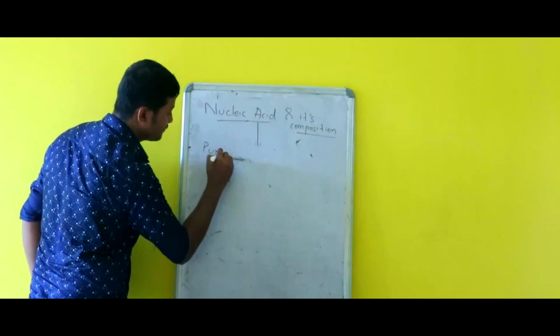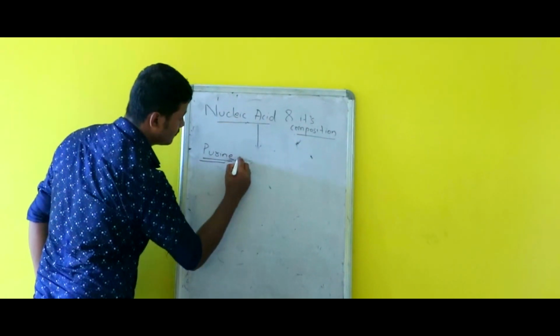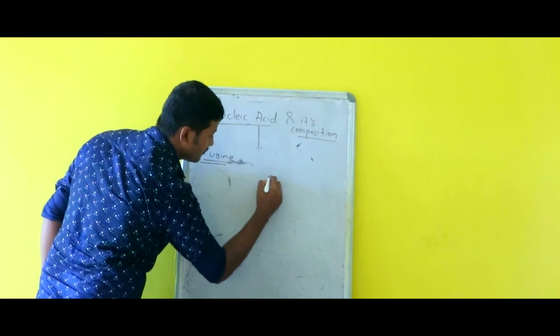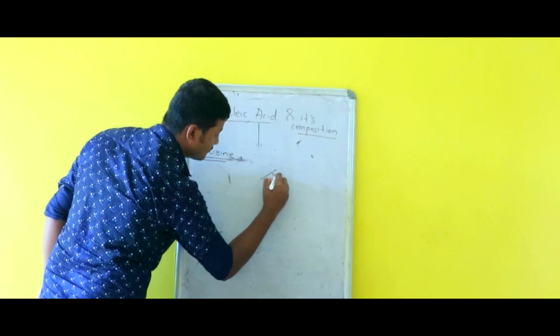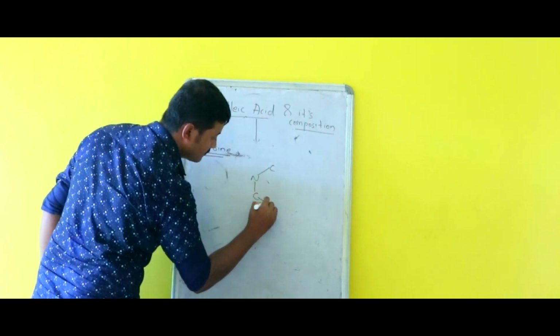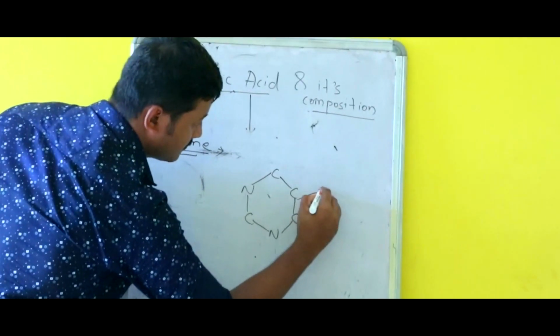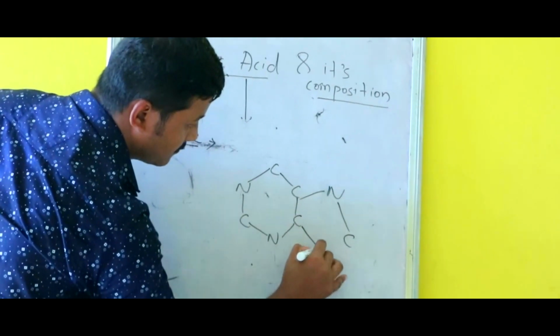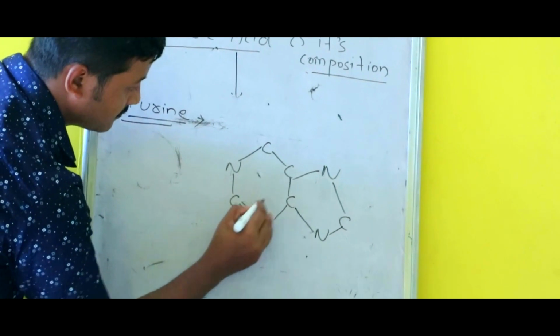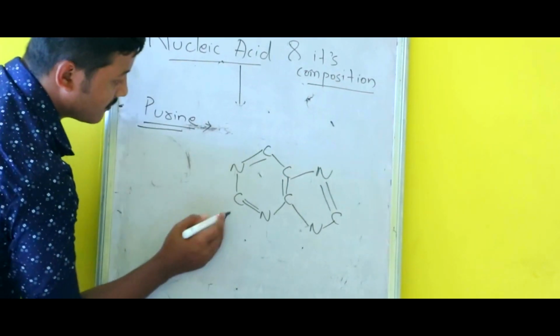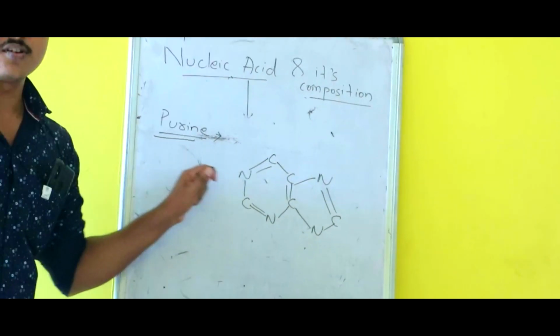First comes purine. Now the basic structure of purine. This is the basic structure of a purine.